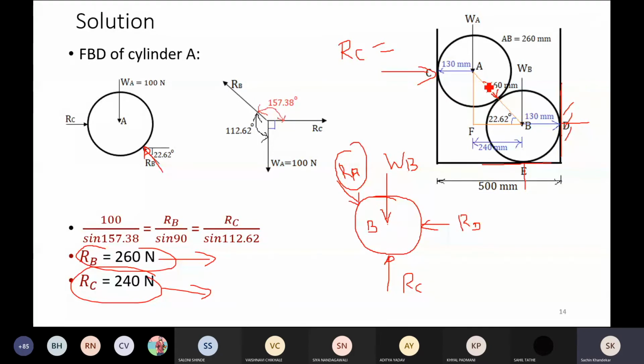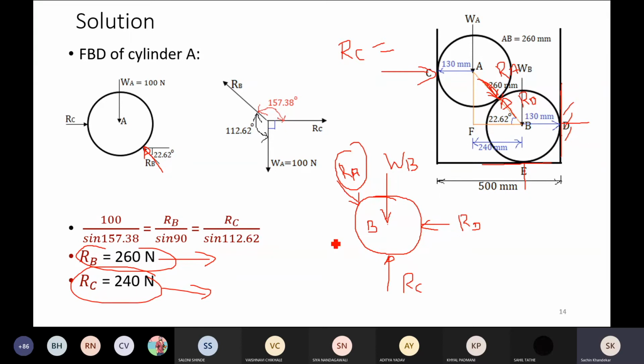Okay, so if I represent this as RA, the reaction offered by A on B, and this as RB, the reaction offered by B on A, no doubt they must be equal, opposite and collinear. Very important conclusion, right?